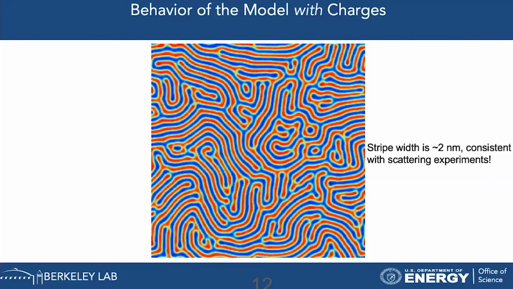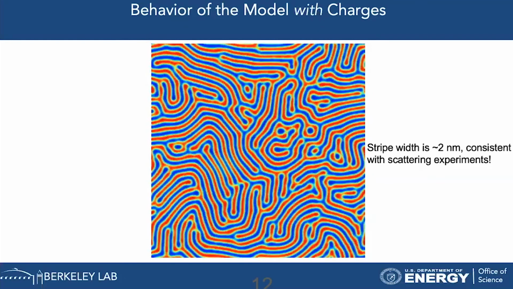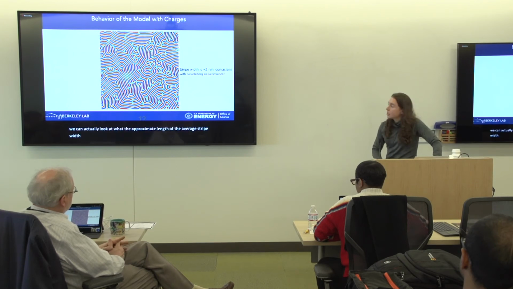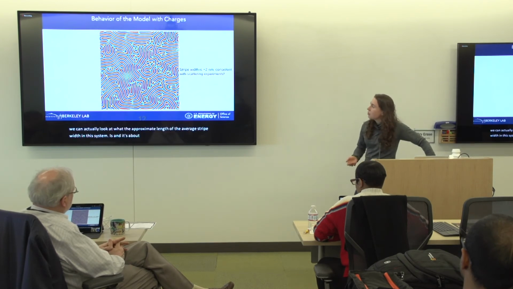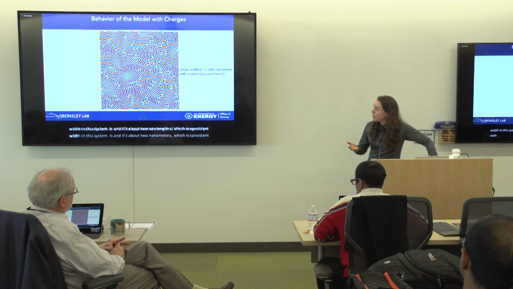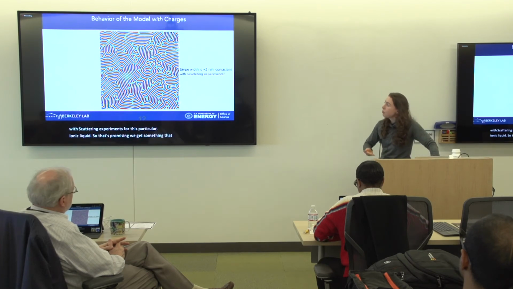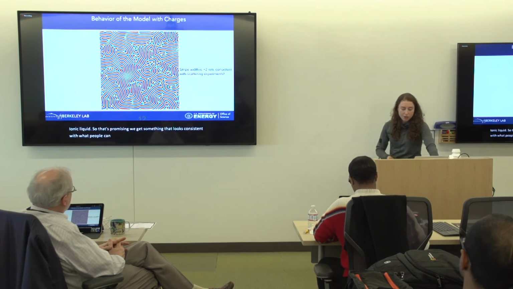It's not fully able to separate into two distinct components because that would be too strong of a charge penalty in this system. And we can actually look at what the approximate length of the average stripe width in this system is, and it's about 2 nanometers, which is consistent with scattering experiments for this particular ionic liquid. So that's promising. We get something that looks consistent with what people can actually measure experimentally for this ionic liquid.